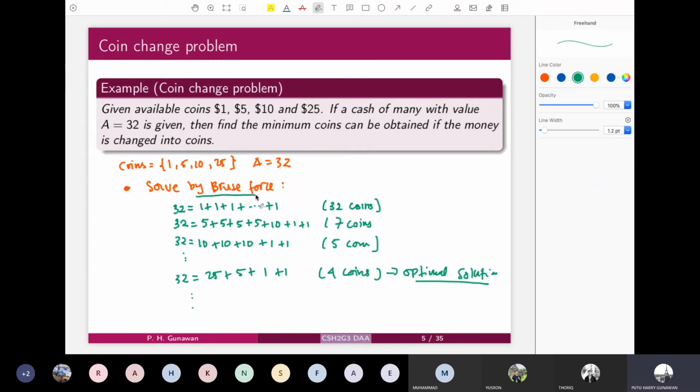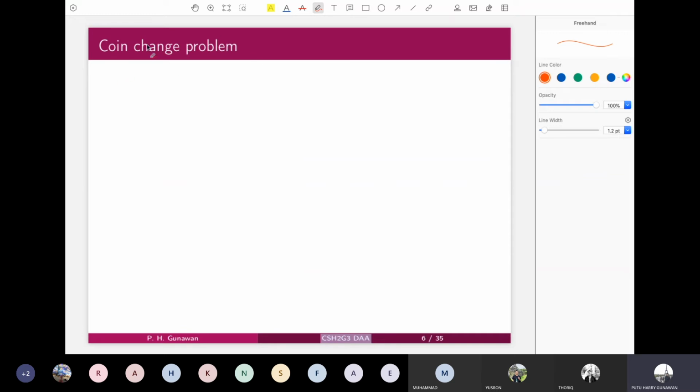How about when we want to solve this by the greedy algorithm? How to solve this one by the greedy algorithm?